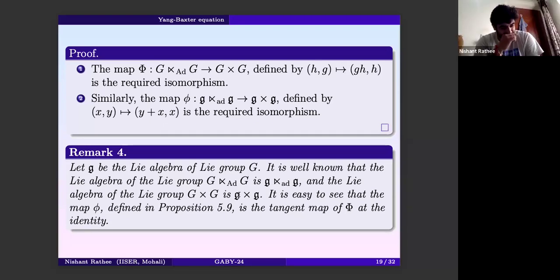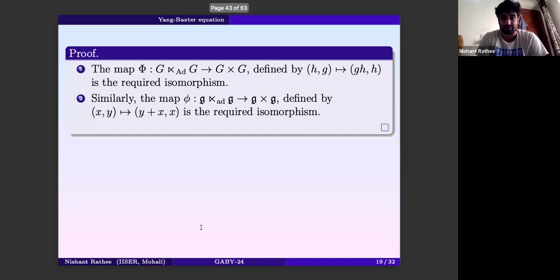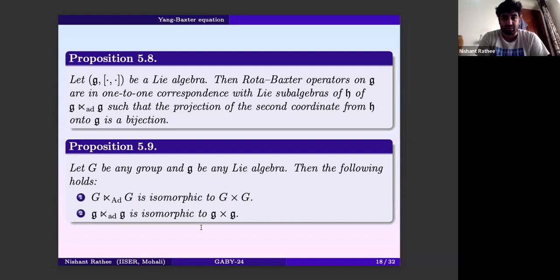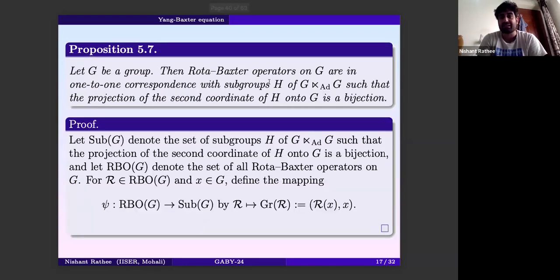So it depends on what kind of subgroups this semi-direct product admits. If it admits an infinite number of subgroups which have this property, that the projection onto the second coordinate is a bijection, then the Rota-Baxter operators should be infinite.